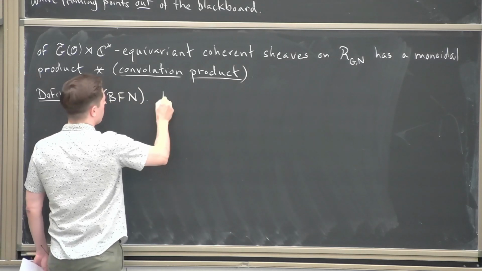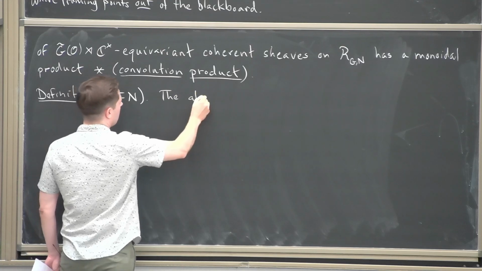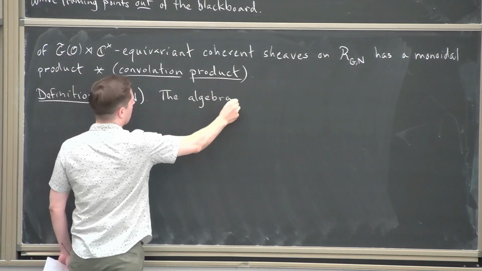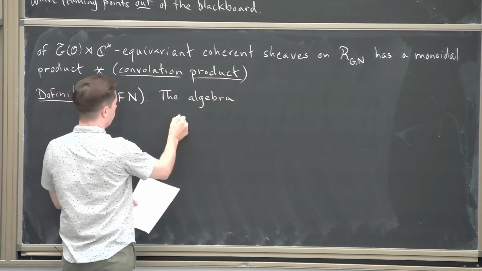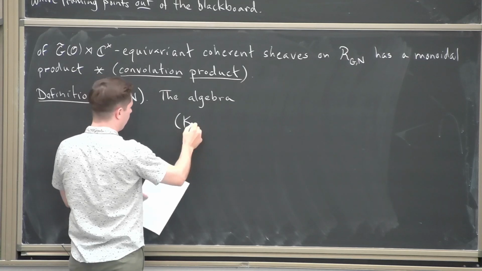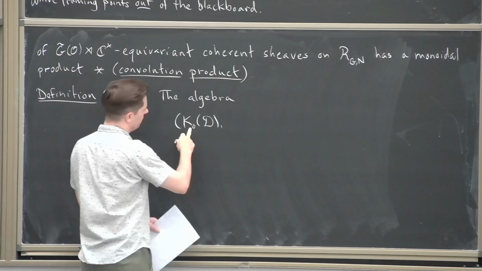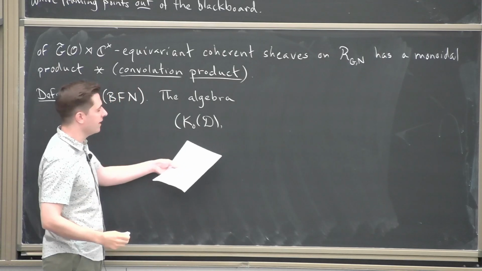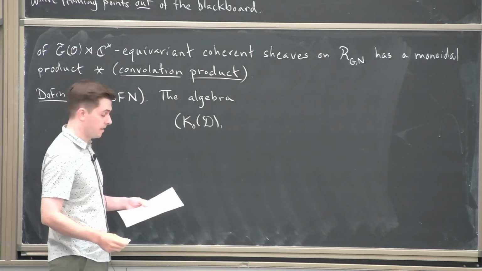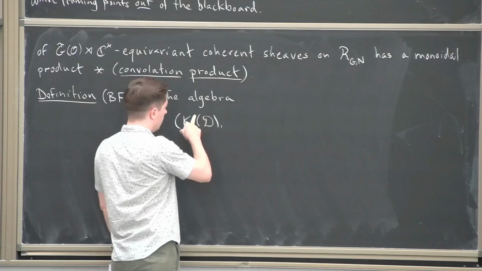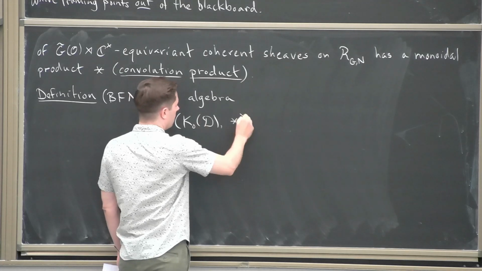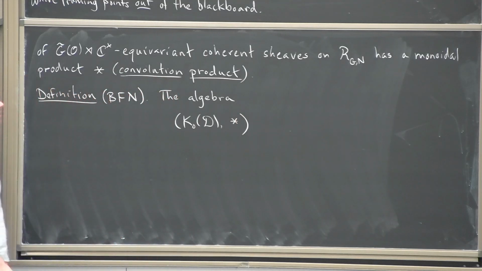So you get the algebra with underlying vector space K_0 of D. We use the complexified Grothendieck group of the category. So that inherits a product from this monoidal structure on the category.